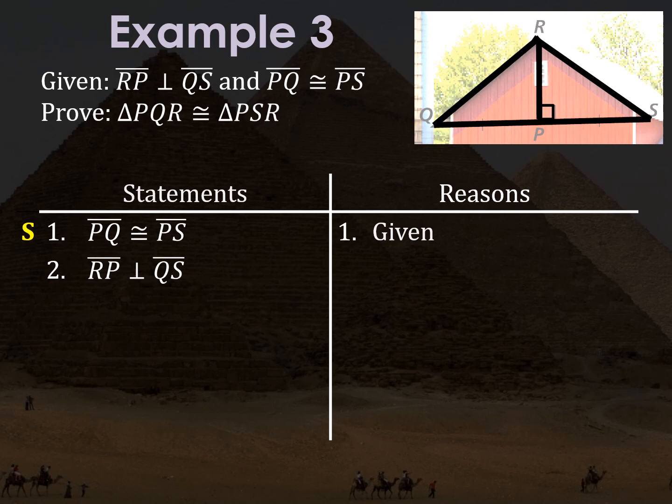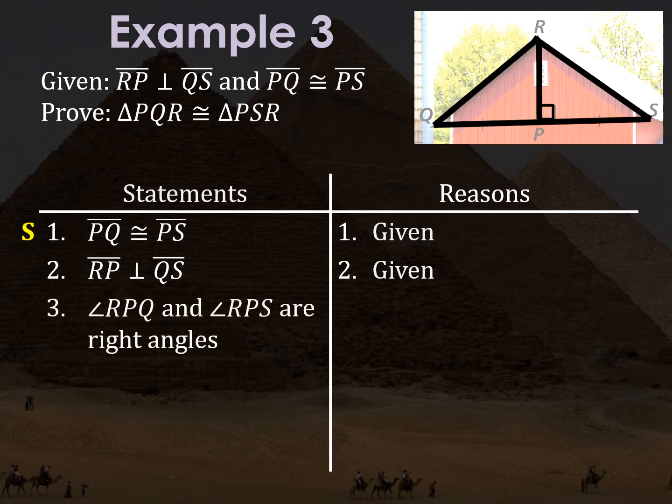Statement 2, RP is perpendicular to QS. And that is also a given statement. Now, what does it mean when two segments are perpendicular? Statement 3, angles RPQ and RPS are right angles. And that is the definition of perpendicular segments.